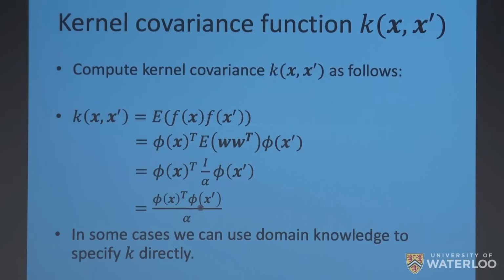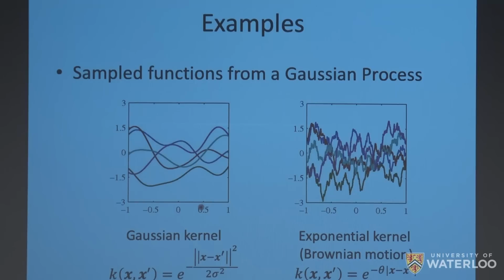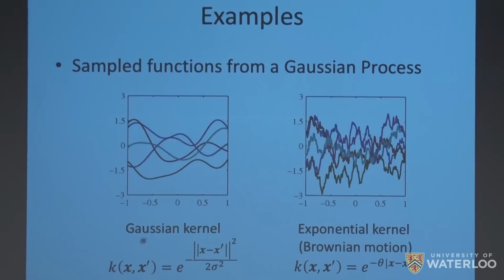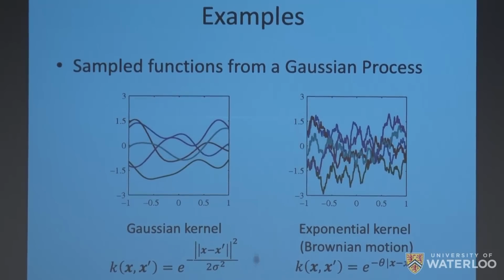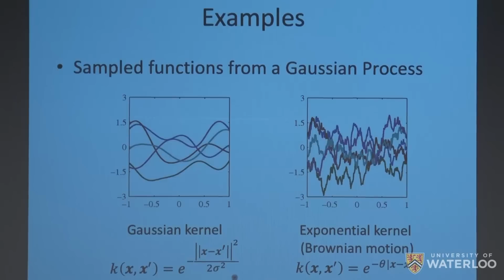But now let's just see with some pictures what kind of functions we could sample from a prior that's defined by a Gaussian process. So here I've got two pictures. The first one illustrates the type of functions we could sample from a Gaussian process that has a kernel function that uses the Gaussian kernel.